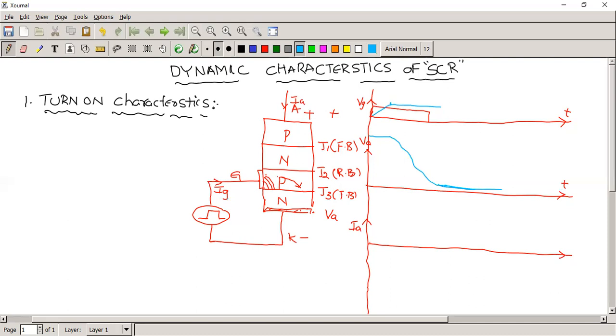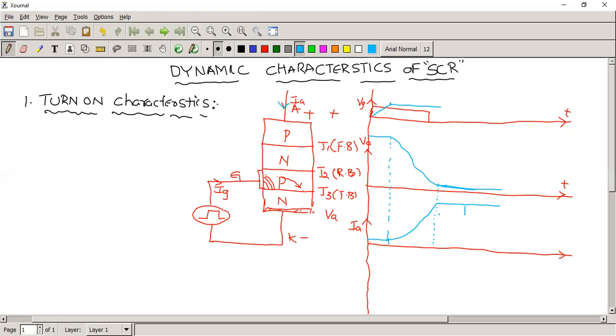Now, if you see the anode current, the anode voltage is rated voltage up to this point, the device is in off state, so the anode current becomes leakage current. See the current which is passing here, that is anode current. At this instant the device is on. So between these two intervals, the anode current slowly increases and reaches the steady state value.